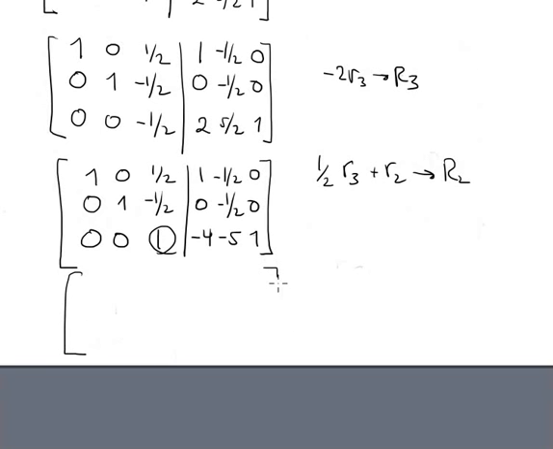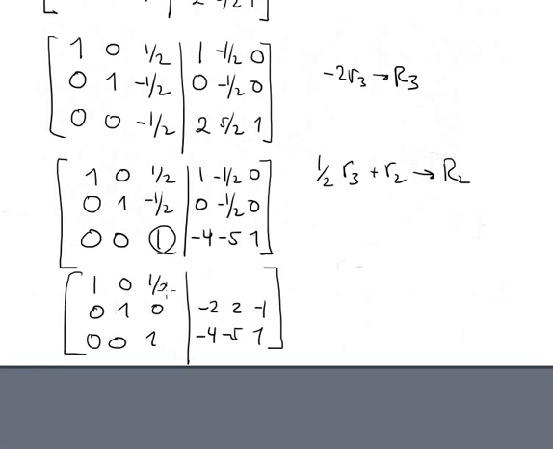So we have then 0, 0, 1, minus 4, minus 5, 1, 0, 1, 0 here, minus 2, minus 2, 2, negative 1, so here we have the same, 1, 0, 1 half, 1, negative 1 half, and 0.